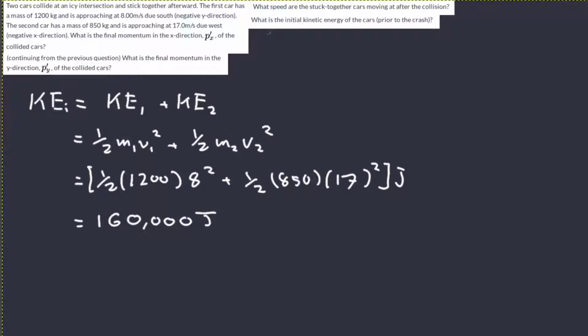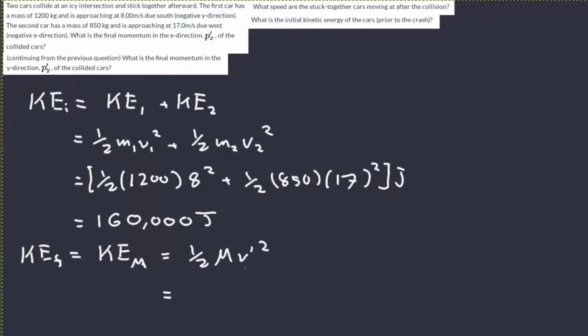Another interesting question that we can ask is, what is the final kinetic energy of the cars after the crash? So our kinetic energy final, just to go a little bit further, is equal to the kinetic energy of our stuck together cars, which I'll represent with capital M. So that's going to be 1/2 times capital M times V prime squared.